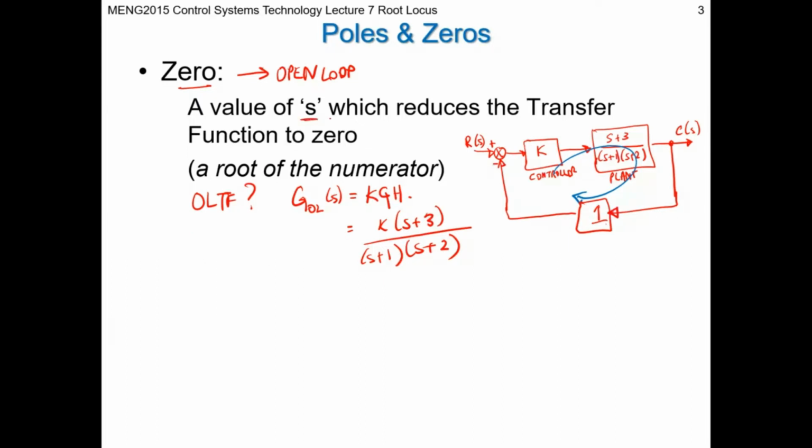So the zeros: do we have any values of S which will cause the overall open loop transfer function to reduce to 0?